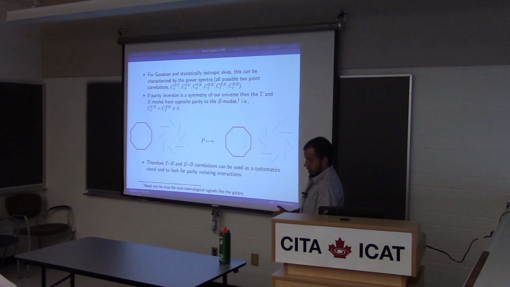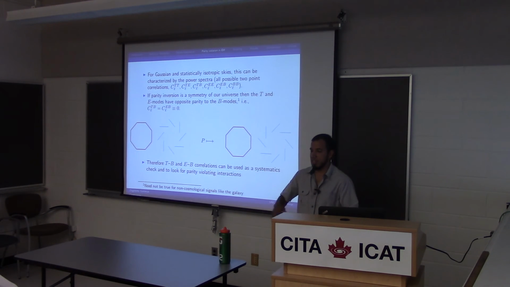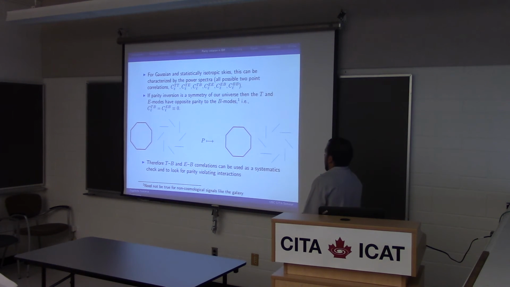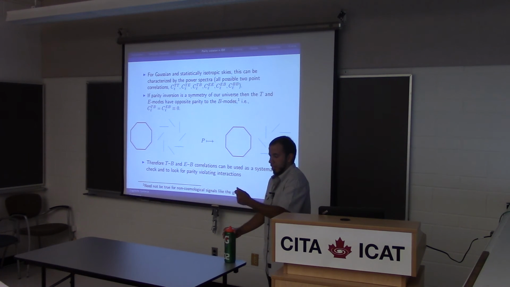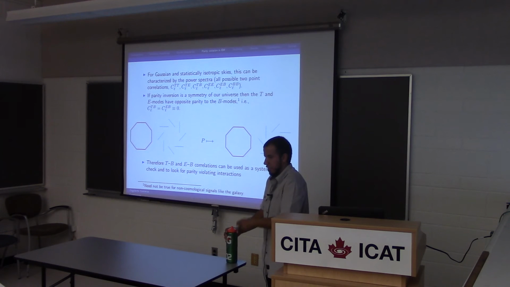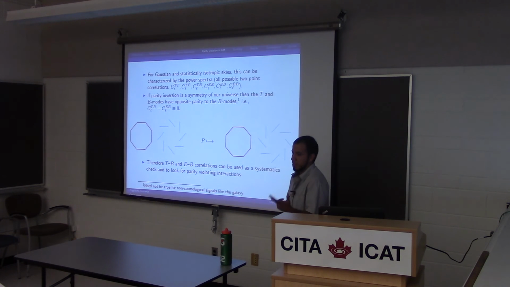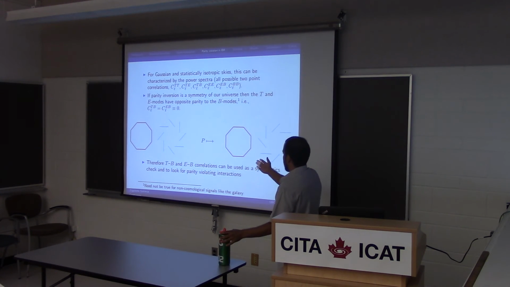And if the universe is Gaussian and statistically isotropic, then all the information is in the 2-point correlations of all those fields. Further, if the universe respects parity transformations, or parity symmetry, then the correlation between TB and EB has to be 0. I demonstrate that in this little picture.